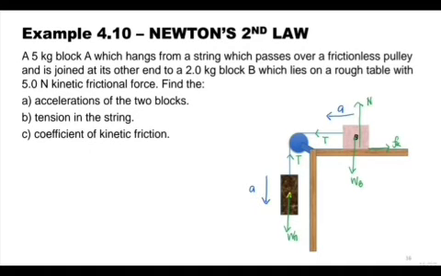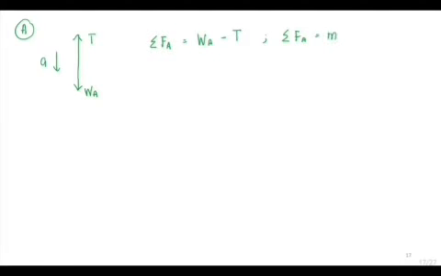Now we draw free body diagram and construct resultant force for block A and block B. We go with block A first. For block A, we have tension and weight, and it is accelerating downward. The resultant force for block A should be WA minus tension, and the resultant force is equal to MA.